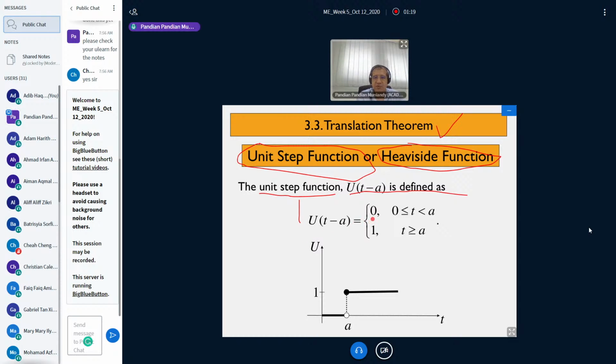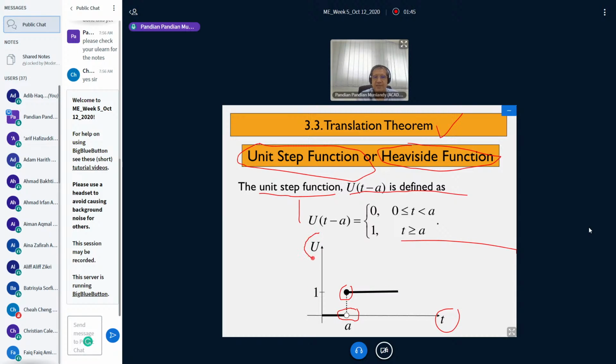U(t minus a) equals 0 when t runs from 0 to a. This is the t axis. And t not equal to a, that's why it is an open hole. This one is a closed hole, shaded, because this is t greater than or equal to a, equals 1.